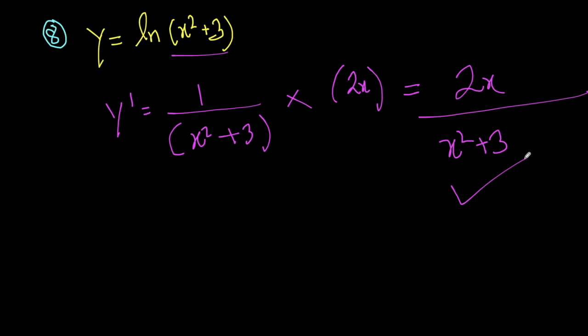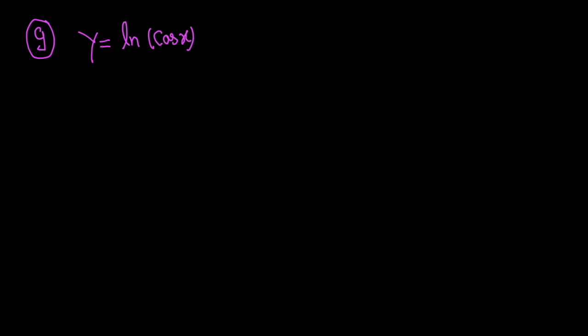Okay, now let's move to the final question of this tutorial, ln cos x. I will assume ln bracket, so ln bracket is 1 over bracket, because ln x is 1 over x. So ln bracket is 1 over bracket multiplied by the differentiation of the bracket.